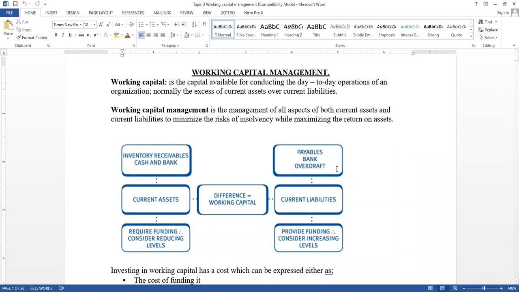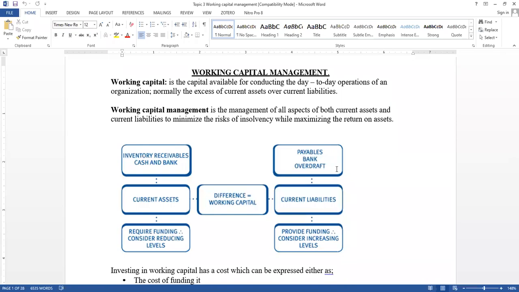So as we are looking at working capital, there are different elements that we should look at. One of them, of course, is inventory, because organizations invest a lot of money in inventory.